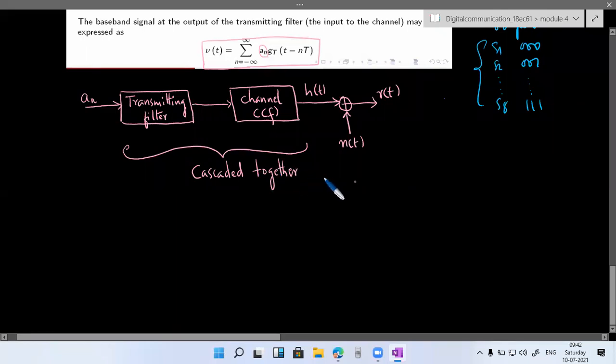Now I want you guys to recall your control systems course, and answer this question. Let's say there are two blocks, one associated with a gain of G1 and the other with a gain of G2.